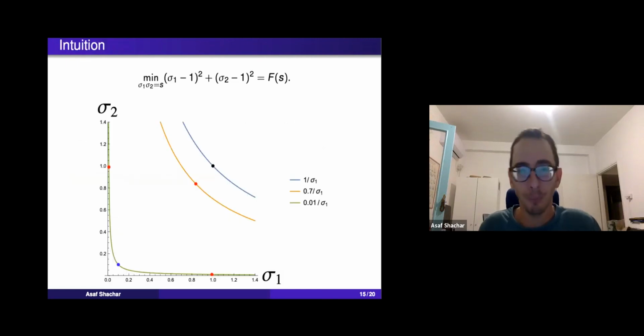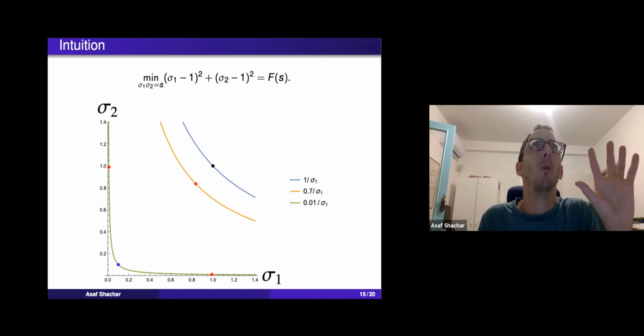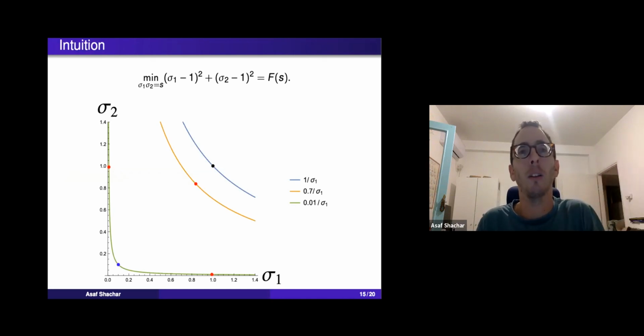So what happens here? One natural guess is to share the load. I mean, we have a problem, right? We would like to choose sigma 1, sigma 2 equal to 1. We can't do that because we have a fixed area distortion. So we need to somehow share the load of this distortion between sigma 1 and sigma 2.